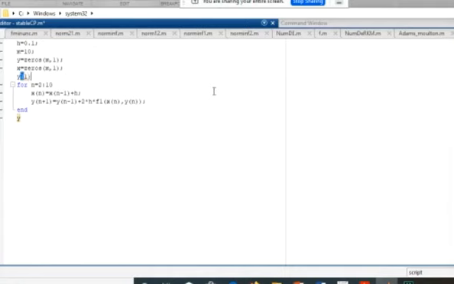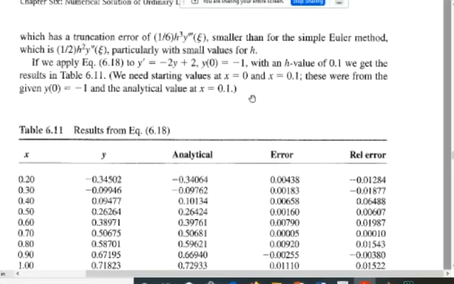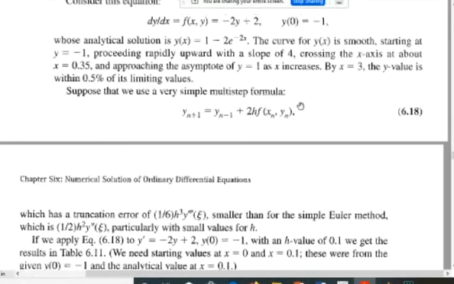We start from minus 1, and we need two initial points when we use this method. We want y(n+1), y(n-1), and that value.